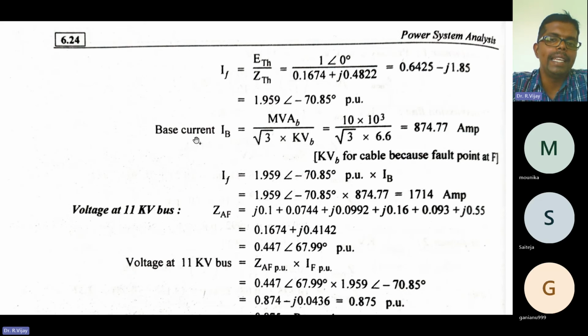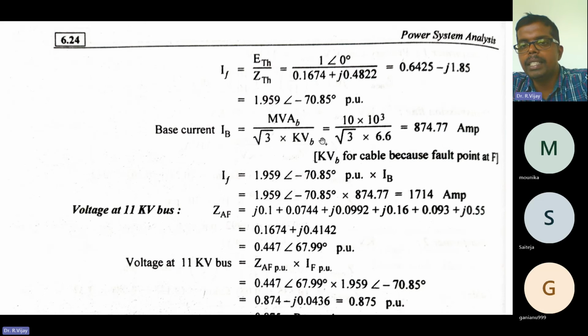What is the base current? The base current is MVA divided by √3 into KVB. That is the base current IB. We have already seen how this formula comes, so go back to my previous videos to find out how to calculate the base current. Here MVA base is 10 into 10 to the power of 3, that is 10 MVA, divided by √3 into KVB.